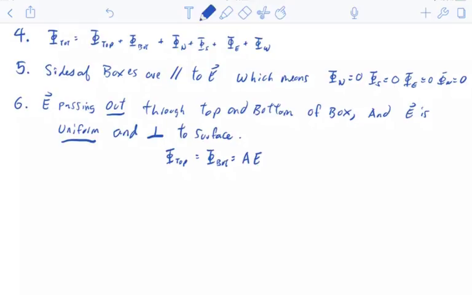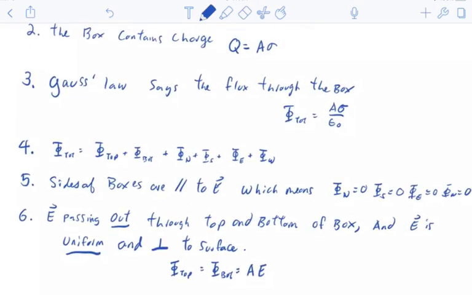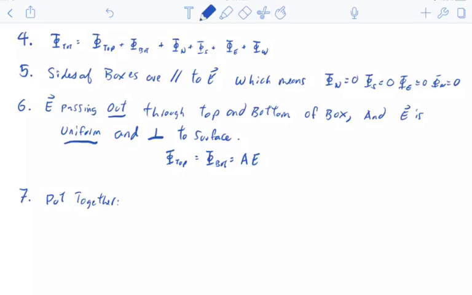Step 6, put it all together. Okay, so flux total is going to be the top, AE, plus the bottom, AE, plus the north side, plus the south side, plus the east side, plus the west side, and that's equal to sigma A over epsilon naught.